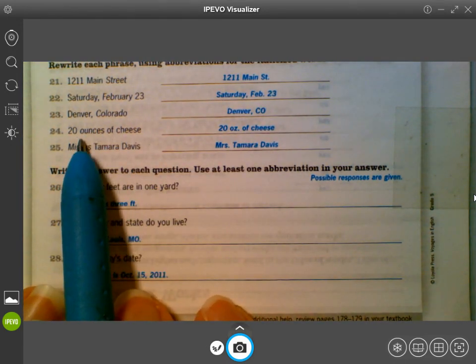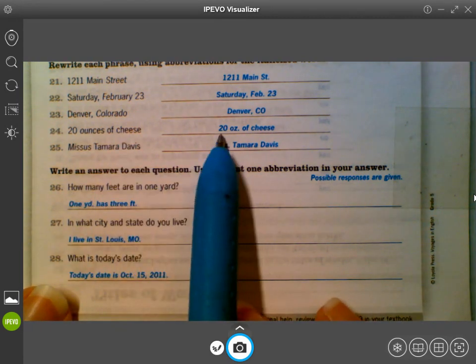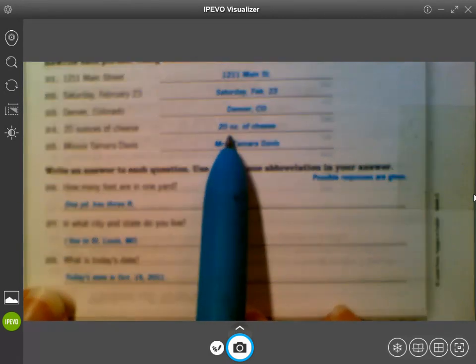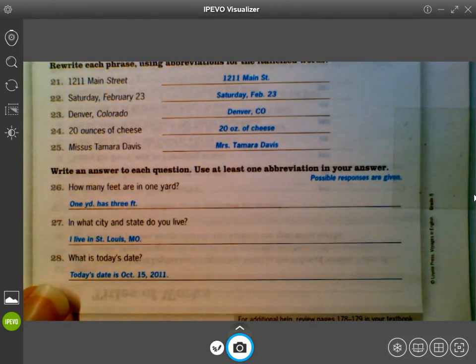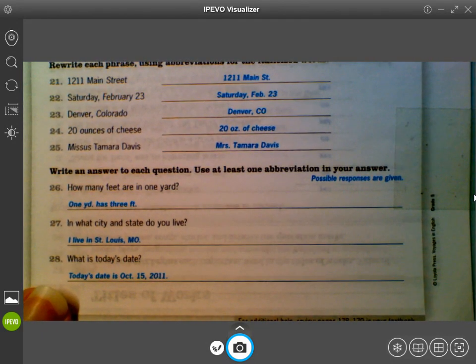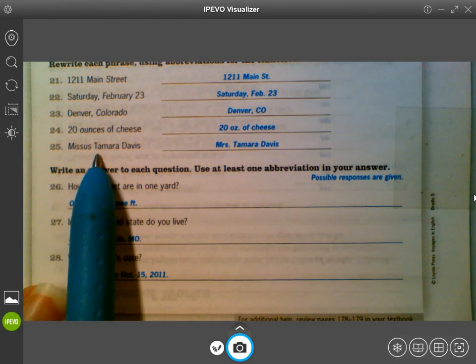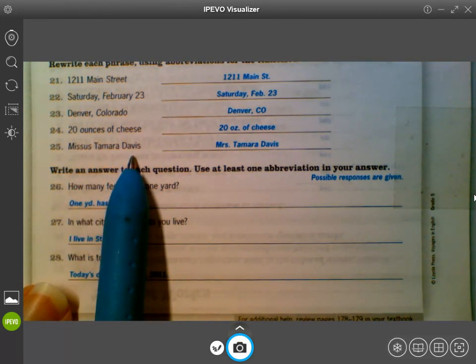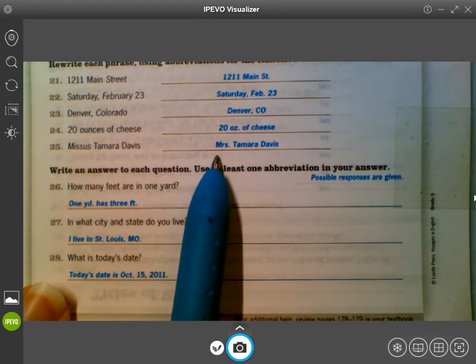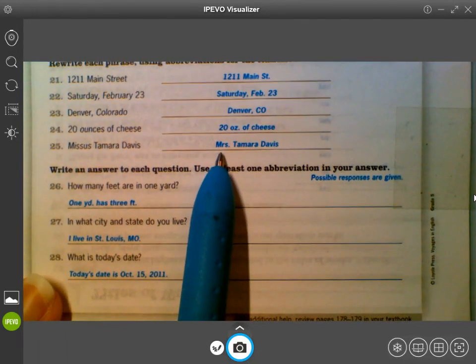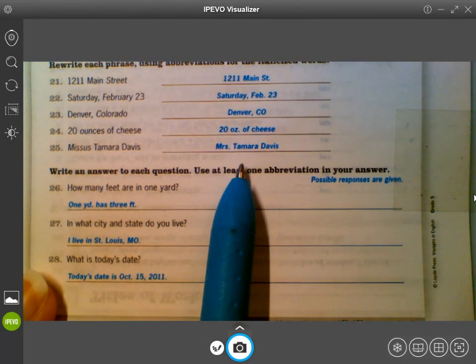We should have abbreviated ounces, so you would have rewritten ounces as a lowercase oz and a period. And 25, Mrs. Tamara Davis. Mrs. is italicized, so you should have rewritten that as capital M, lowercase rs, and a period, Tamara Davis.